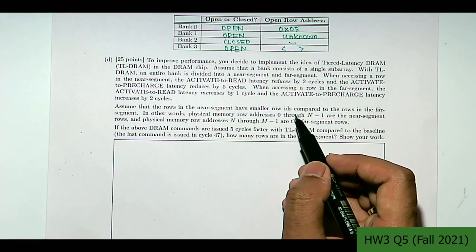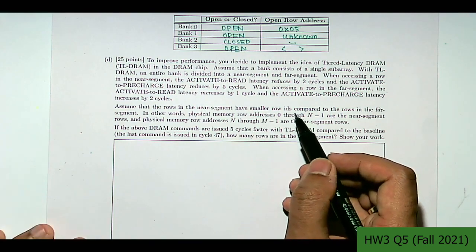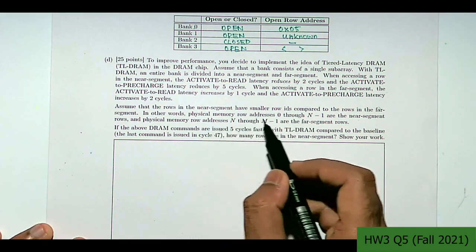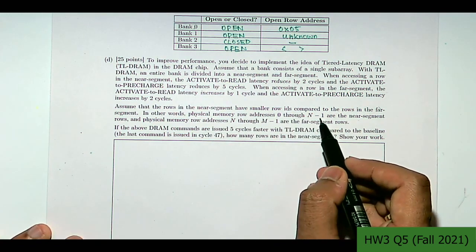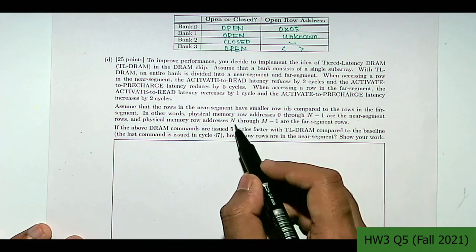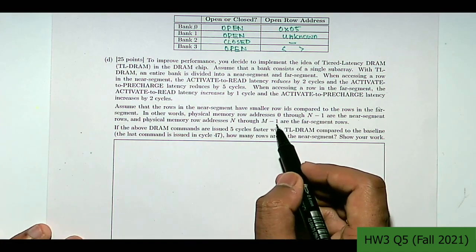The first row IDs belong to the near segment, and the far segment will have the higher row IDs. So 0 to n-1 are the near segment row IDs, and n to m-1 are the far segment rows. Okay?